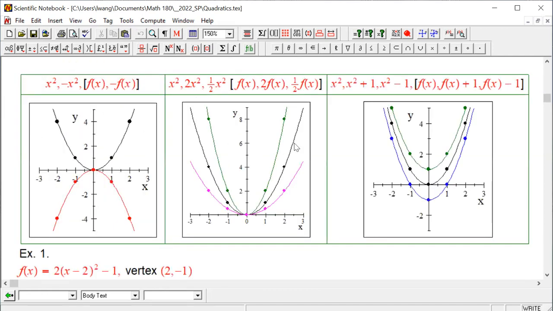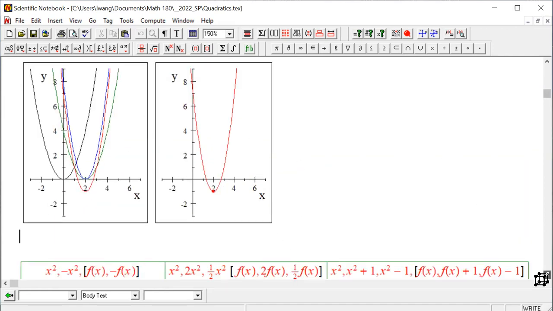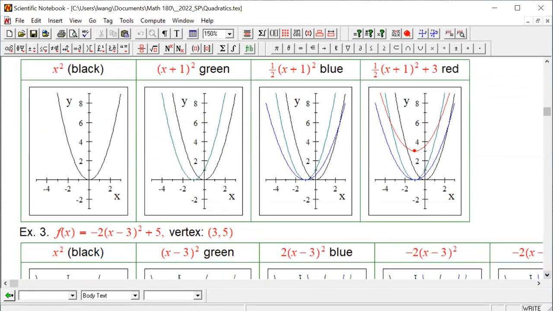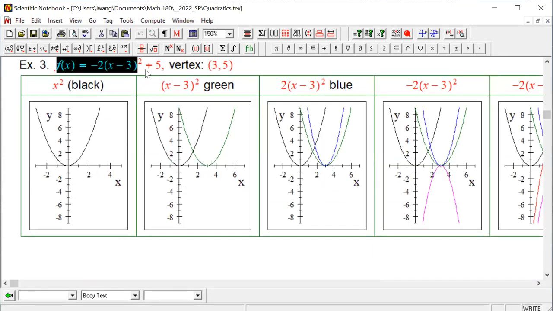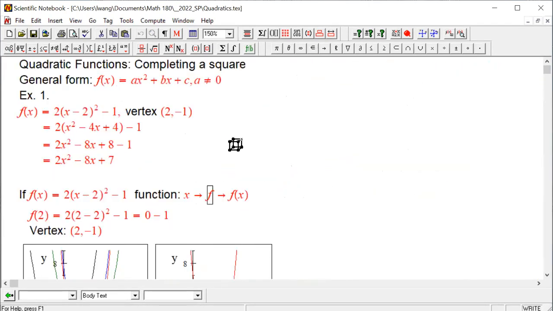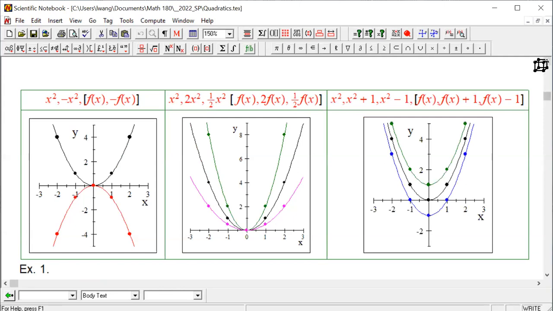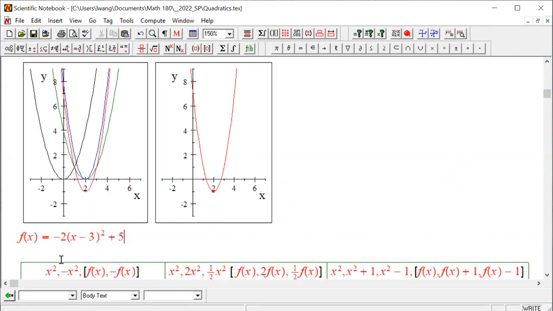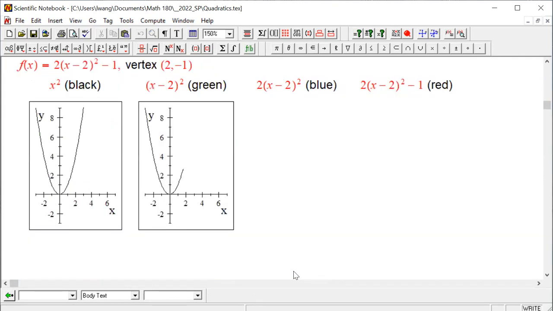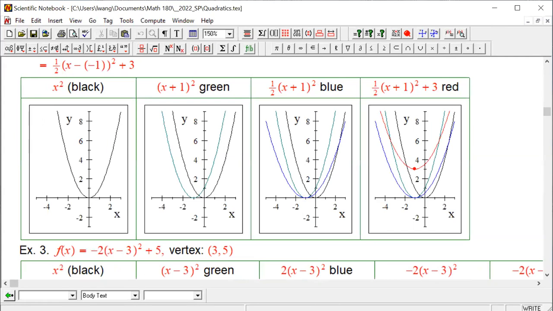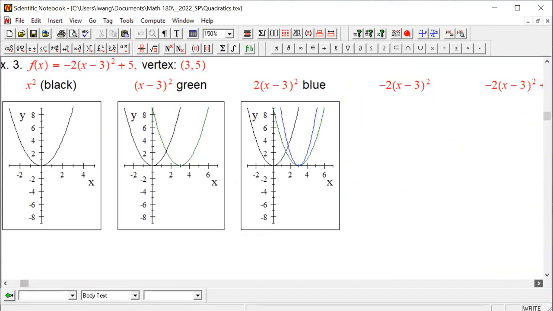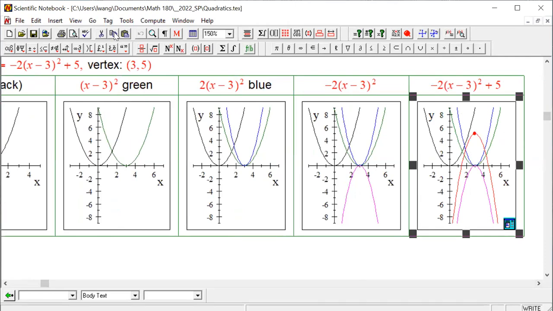Okay, so let's look at another example. The other example is what we did last time. It took us multiple steps to graph this function. And when we get the final function, here it is.